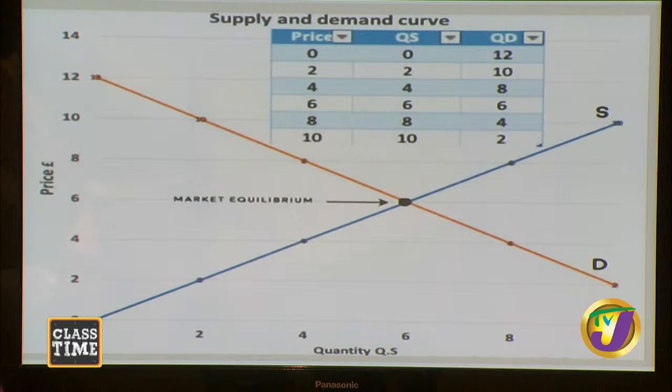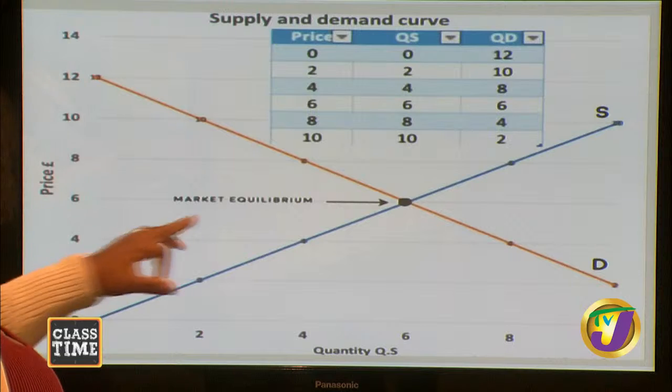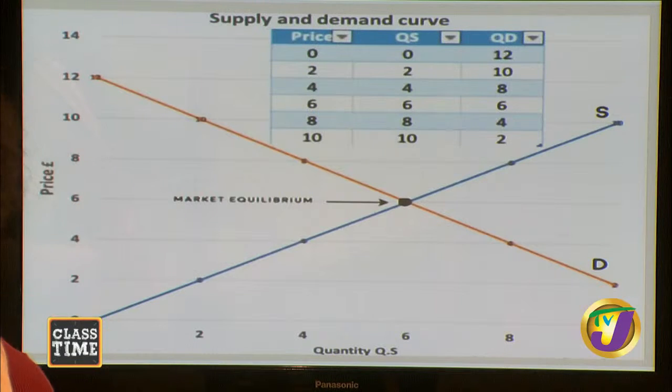Right. So the most suitable point would have been where we have the price at $6 and 6 kilograms of tomatoes would have been sold. So the best price at this point would have been $6 per kilogram.